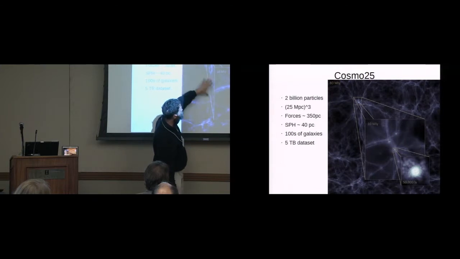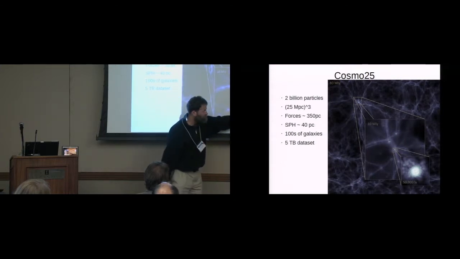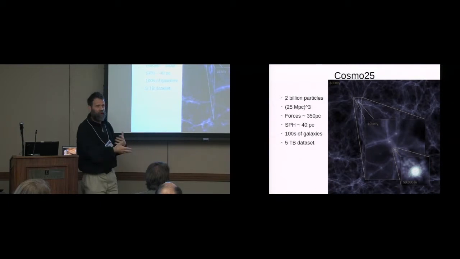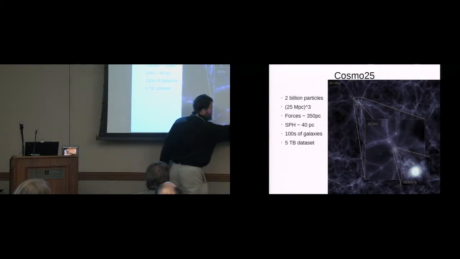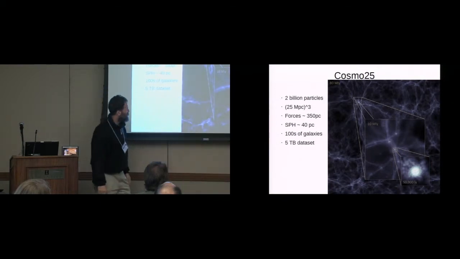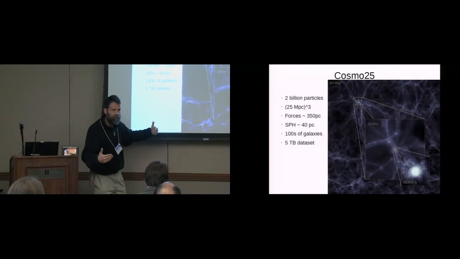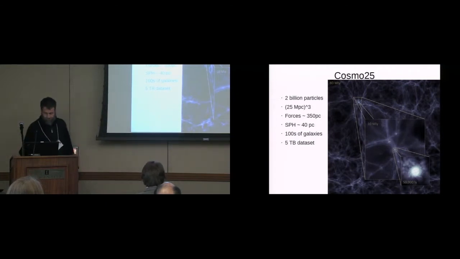I'm zooming in to the volume. You see there's a little disk galaxy. Okay, so there's hundreds of these in the volume. Here's where I'd show the movie. You can see all the supernovae going off as the disk rotates. It's cool stuff. But we have hundreds of those which we can study the dynamics of and make simulated observations to compare with HST data. So that's what we have.